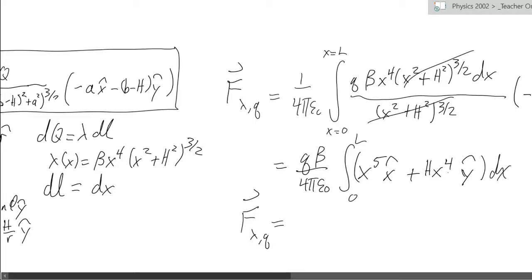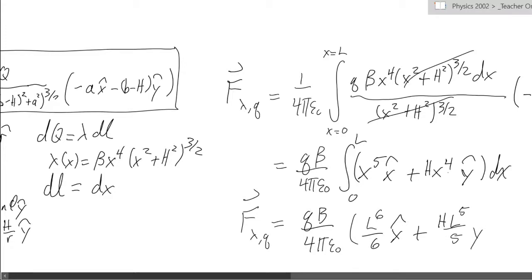This is going to be equal to q beta divided by 4 pi epsilon naught times L to the 6th divided by 6 times x hat plus h L to the 5th divided by 5 times y hat.